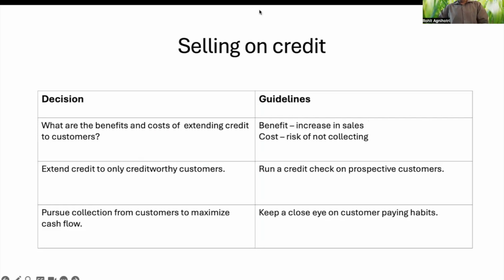Now, when we sell on credit, there are some guidelines that we have to follow. We also have to understand some benefits and risks, and we will talk about all of them. So what is the benefit? Well, the benefit is you will have an increase in sales.